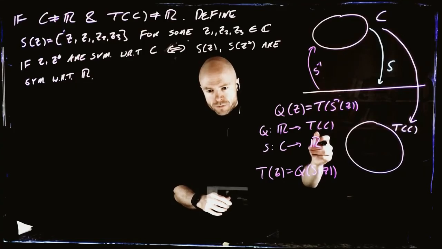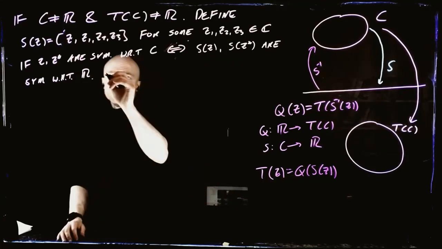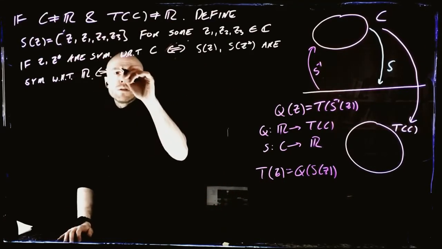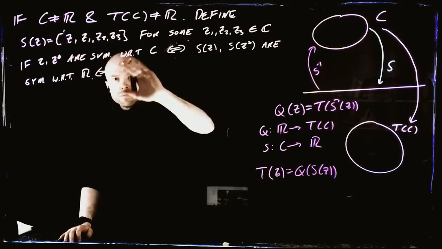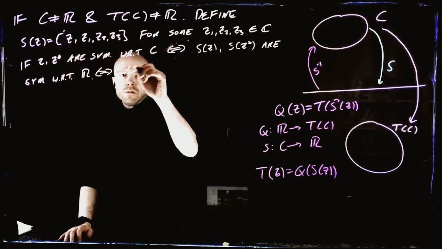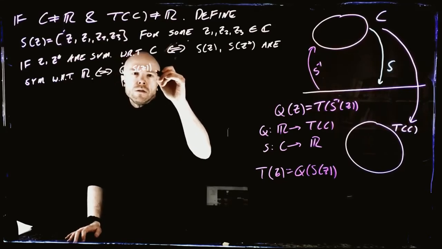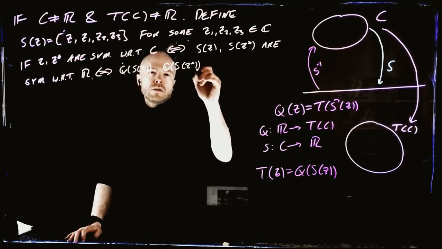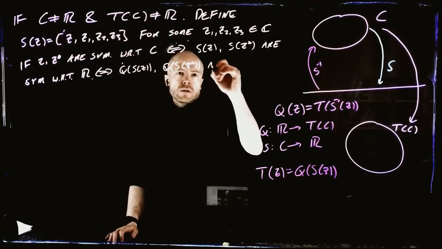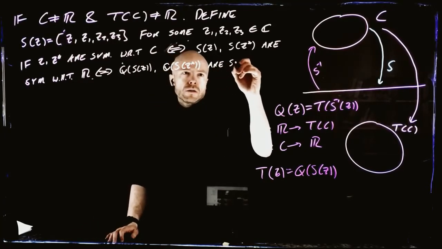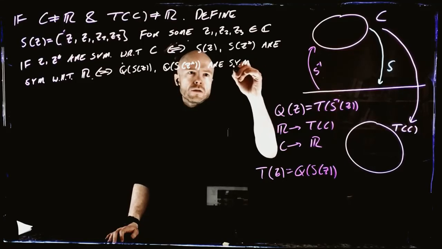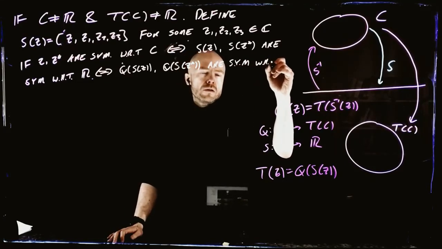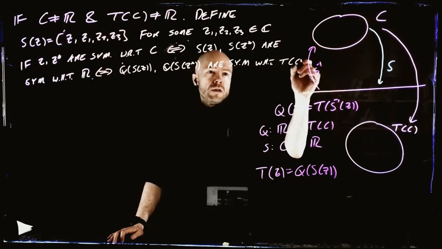So this is equivalent to Q of S of Z and Q of S of Z star being symmetric with respect to T of C.